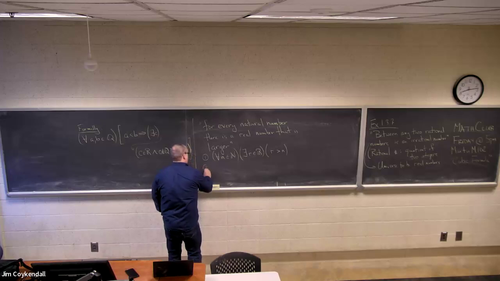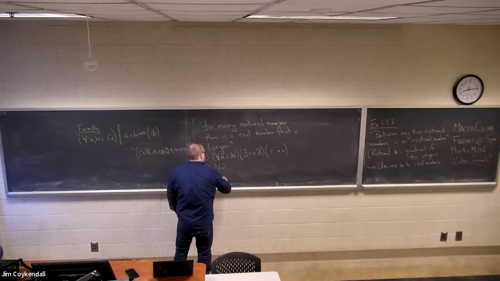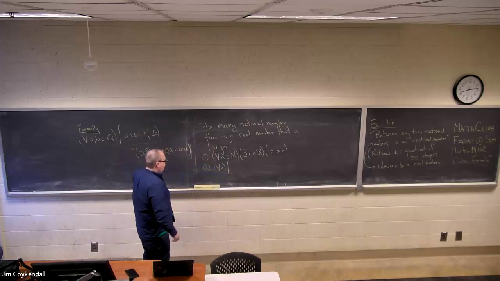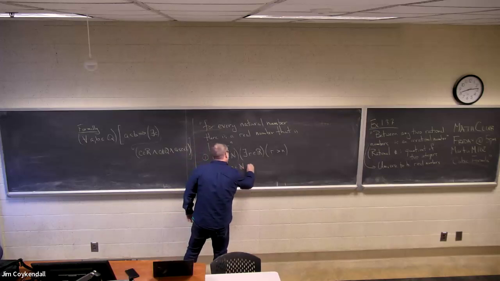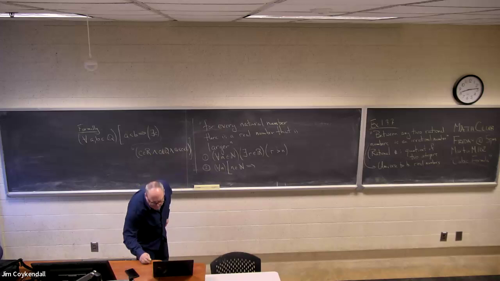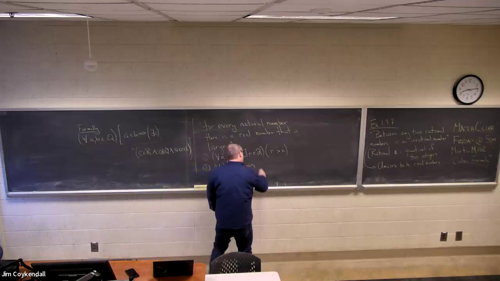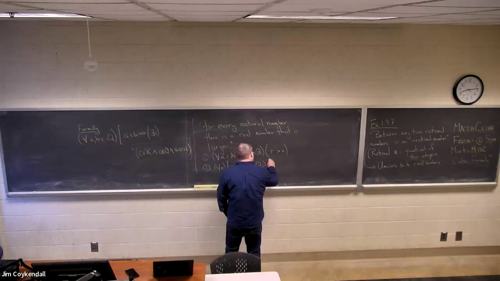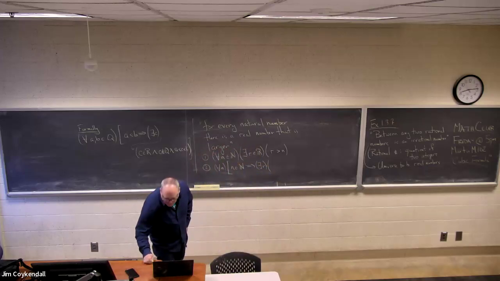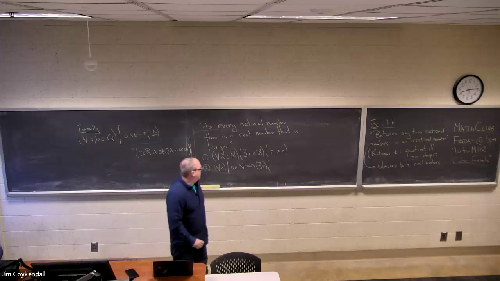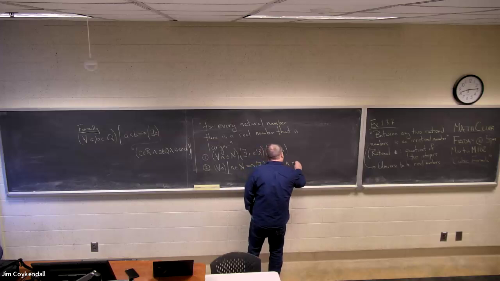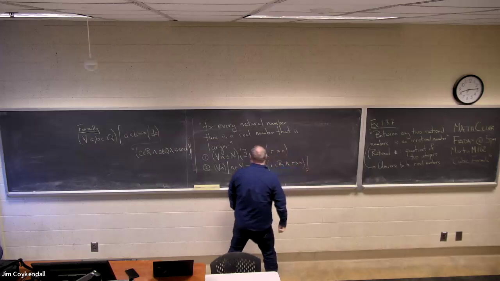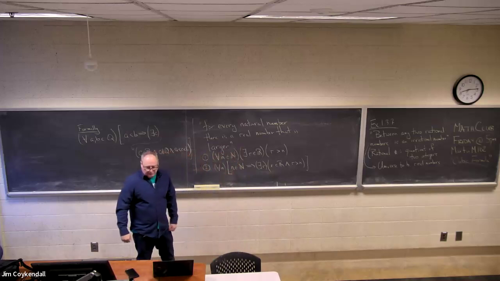Another way, which is the same, which is sort of in keeping with the way that I wrote this statement. For all N, if N happens to be a natural number, then there exists R such that R is a real number and R is bigger than N. So there's a couple of ways that you can write this more formally.